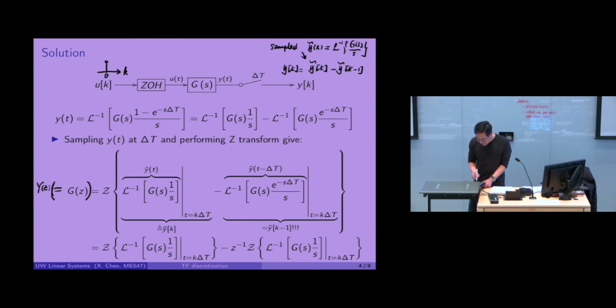If we have the Z transform, let's do the first one. The first one is the Z transform of the inside quantity here.